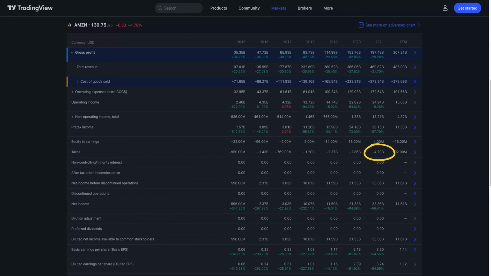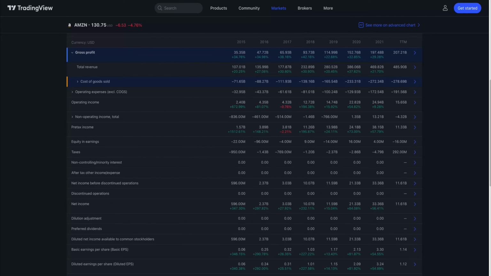Deducting those from the pre-tax income will get $33.36 billion, the net income of the company, which is the most important financial metric as it reveals how much money the company made after all costs. It is also called the bottom line since it's the last number that can be found in the income statement. Again, TradingView uses a different format, but all the numbers and columns of the actual report can be found here.